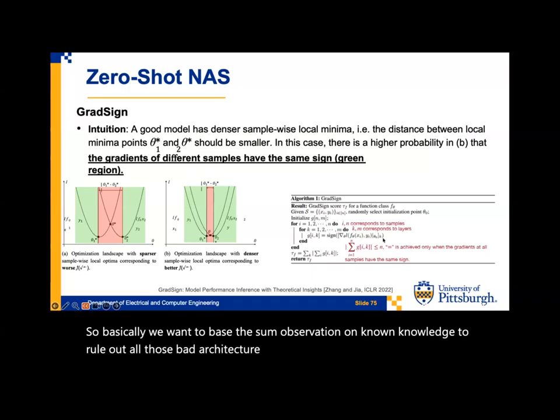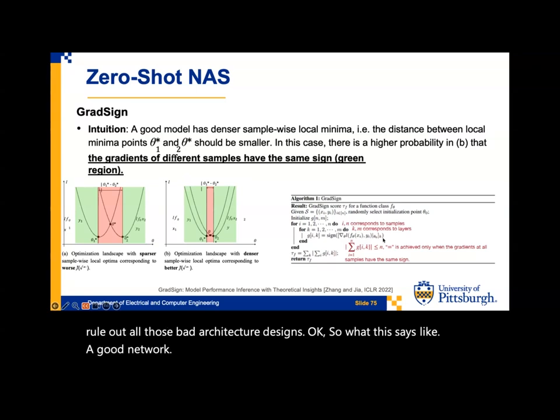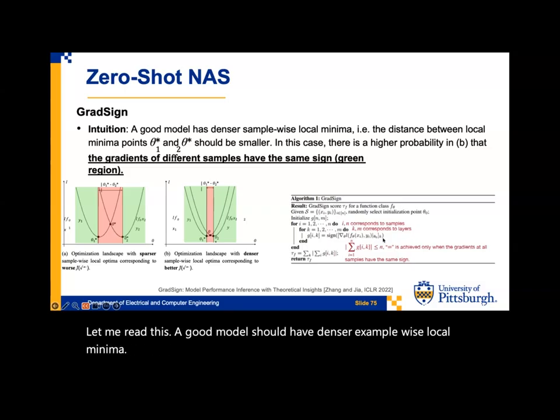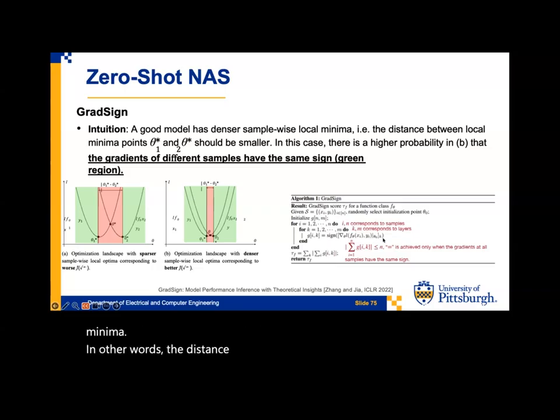Okay, so what this says, let me read this: a good model should have denser sample-wise local minima. In other words, the distance between two local minima should be smaller.